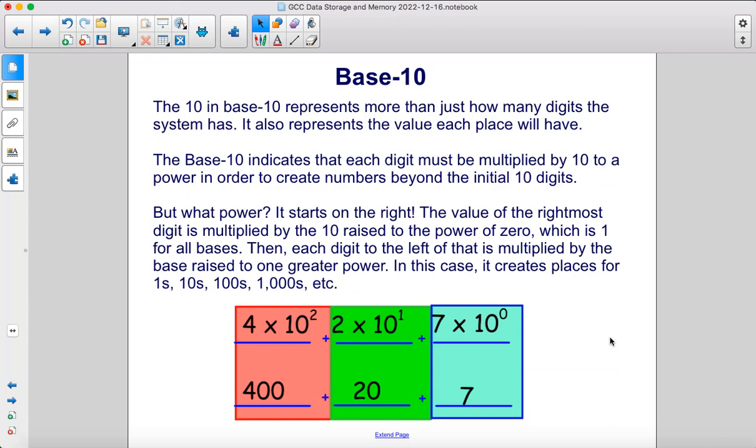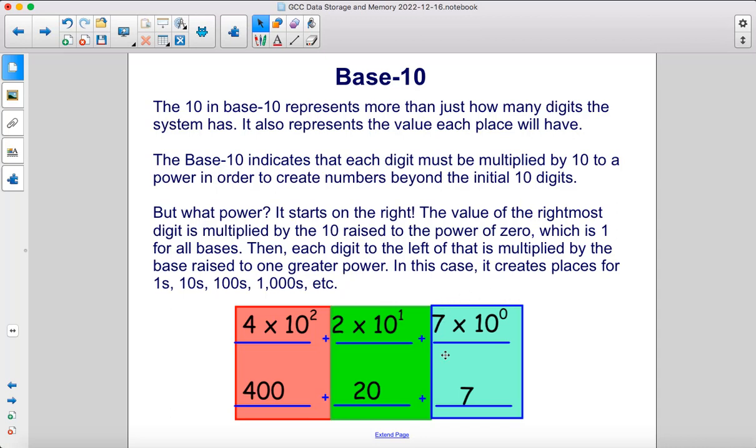The 10 in base 10 represents more than just how many digits the system has. It also represents the value each place will have. The base 10 indicates that each digit must be multiplied by 10 to a certain power in order to create numbers beyond the initial 10 digits. But what power? It starts on the right.